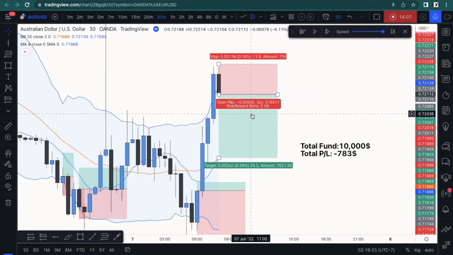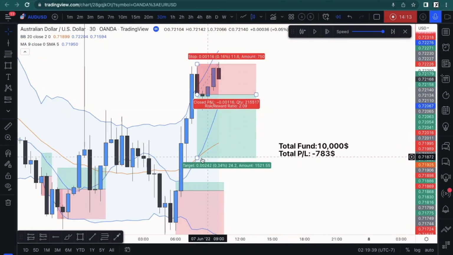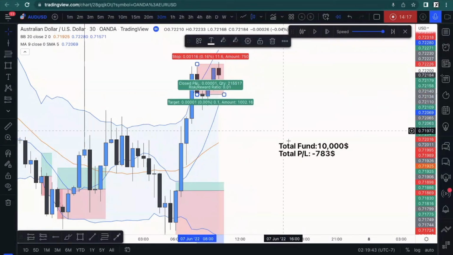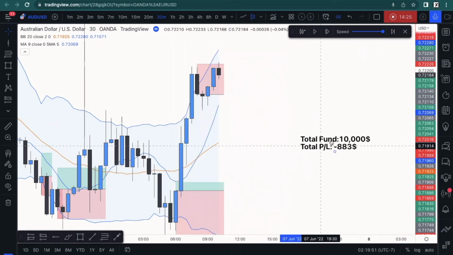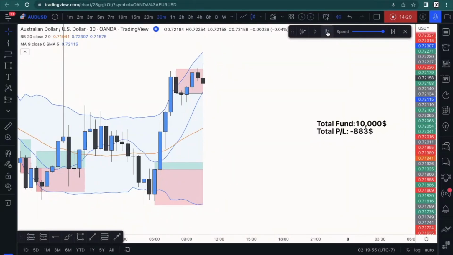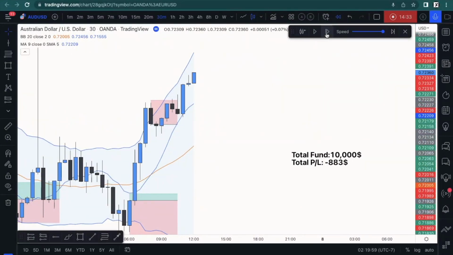So if this trade hits our TP, that's good because it has a good risk to reward. But unfortunately it hits another stop loss. Not a new story. We are hitting lots of stop loss. A strategy that claims to make $1,000 into $50,000, and we are hitting a lot of stop loss.